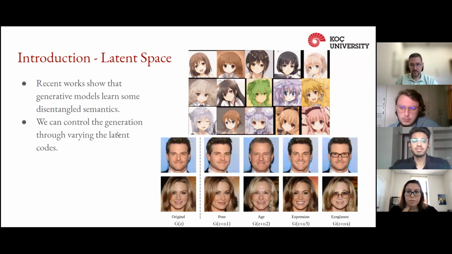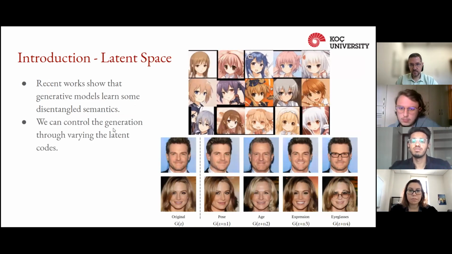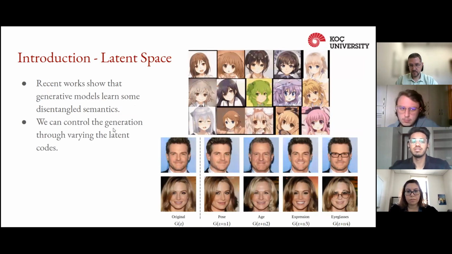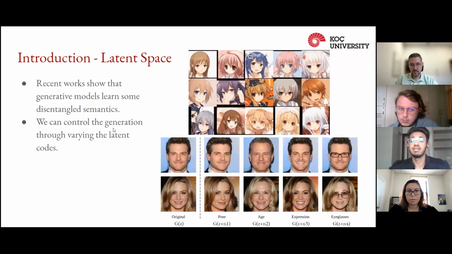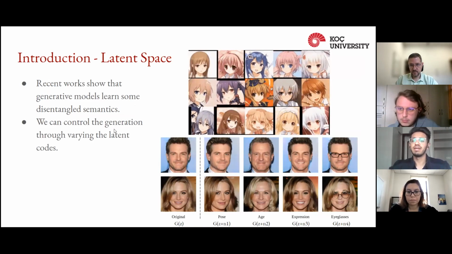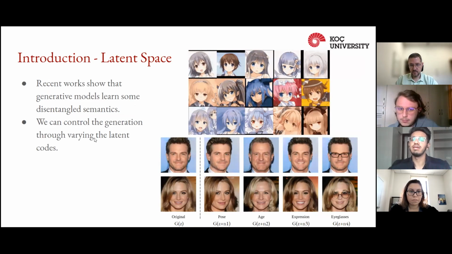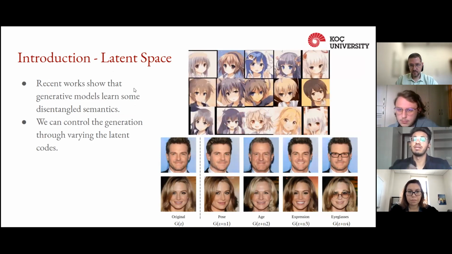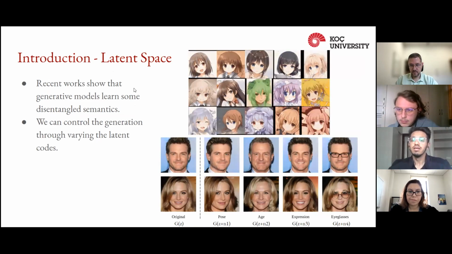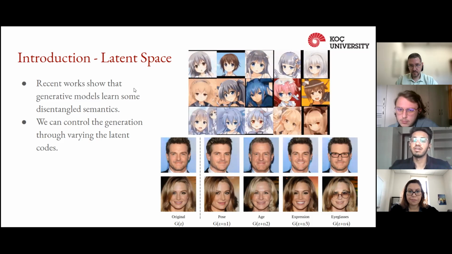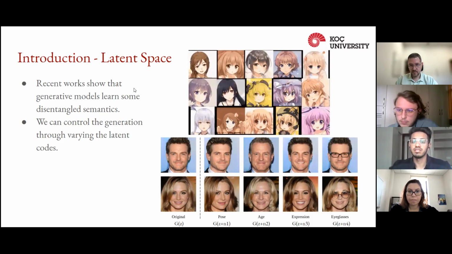Before that, let's take a look at the latent space as well. Recent works have shown that the latent space learned some disentangled semantics. By disentangled semantics, I mean that in a latent code, we can traverse in different directions, and it has been shown that different directions correspond to different characteristics in the image space.